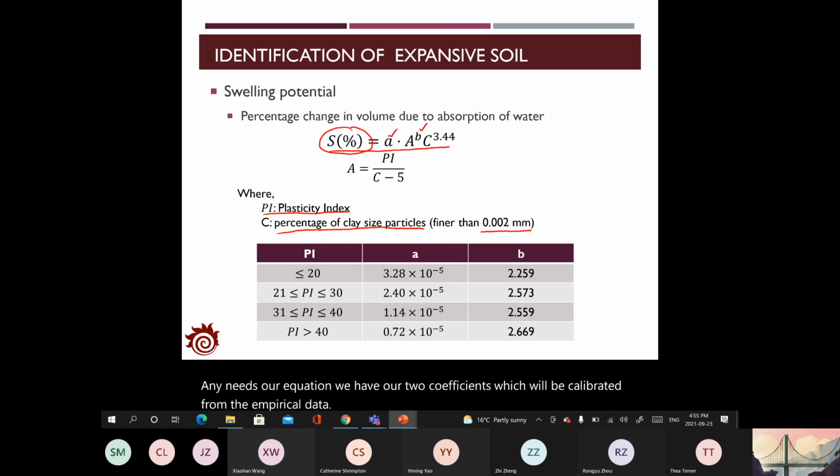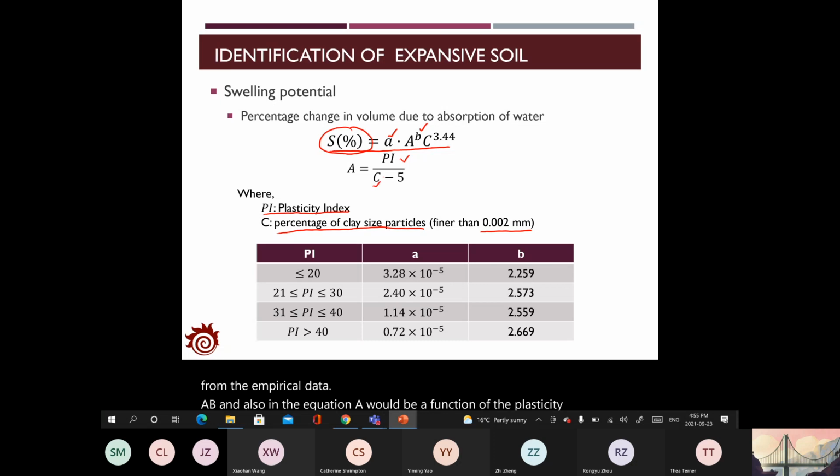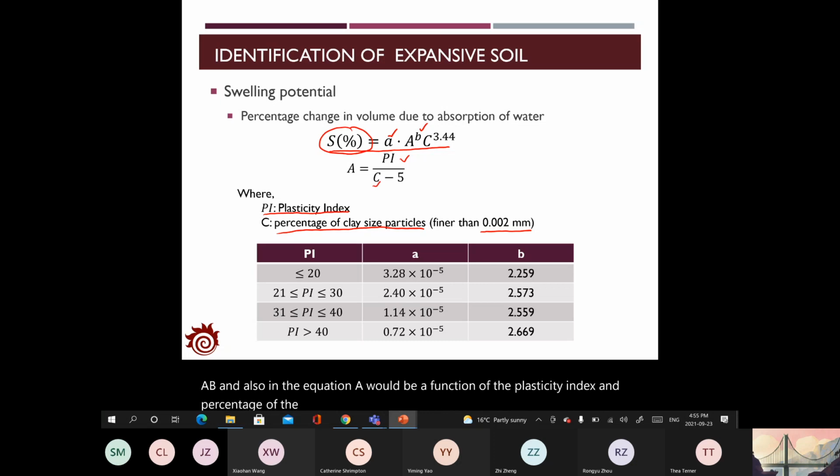A is a function of the plasticity index and the percentage of clay-sized particles: A equals PI divided by C minus 5, and you also have a component with the value of C. Generally, when PI is less than 20, the values of A and B calibrated from real data are: A is 3.2 times 10 to the power minus 5, and B is 2.259.